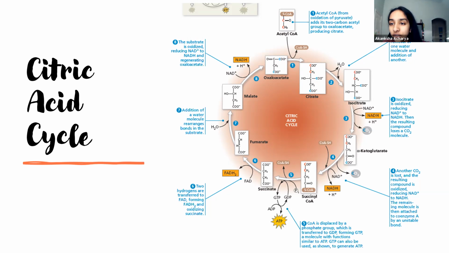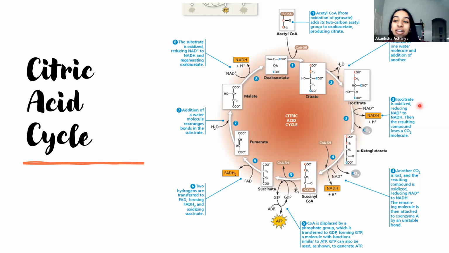And then citrate is converted into isocitrate by removing a water molecule. So if we look at the structure, we see there was a hydrogen lost here, an oxygen here. We need another hydrogen. Okay, so we just know citrate loses the water.